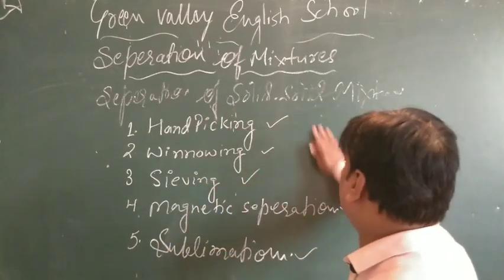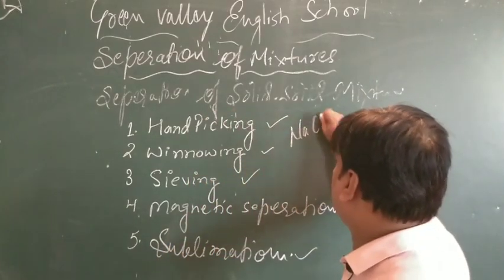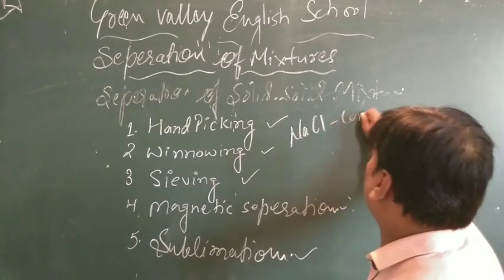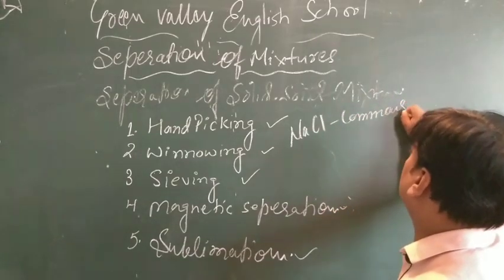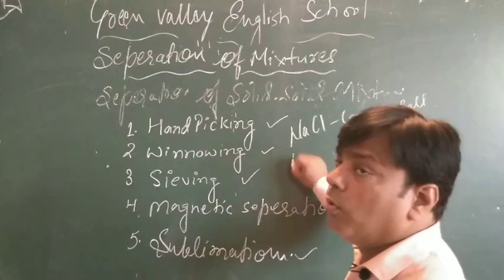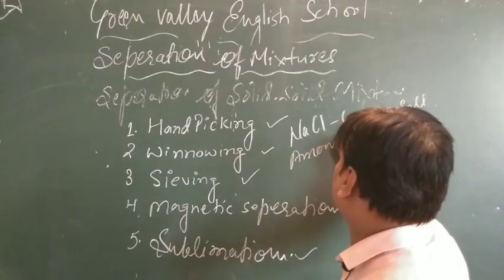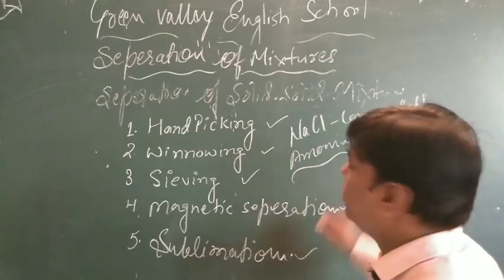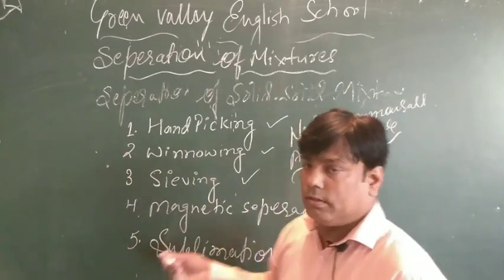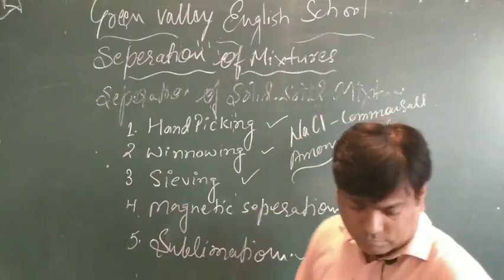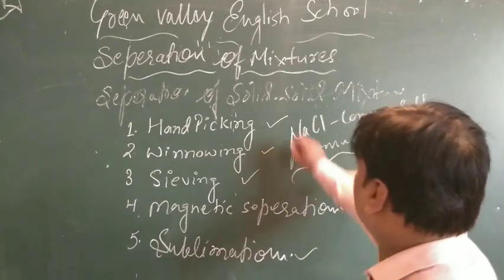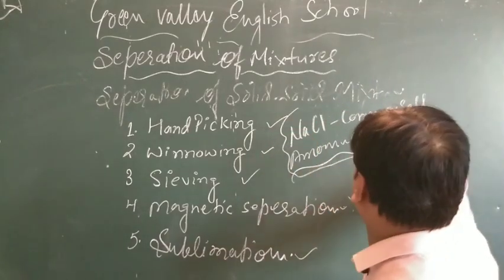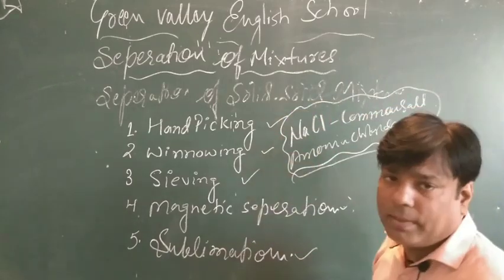Sodium chloride, NaCl, is our common salt. Ammonium chloride is a substance which sublimates on heating. So if you have a combination of these two, how do we separate them?